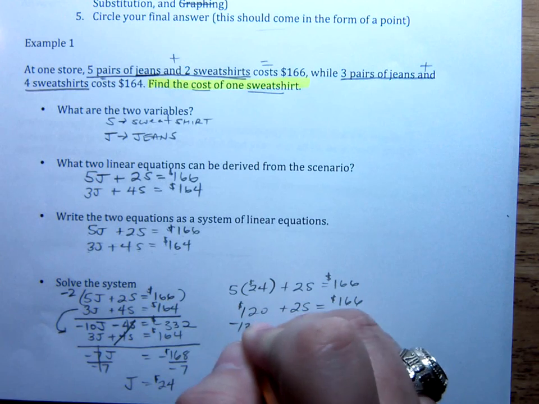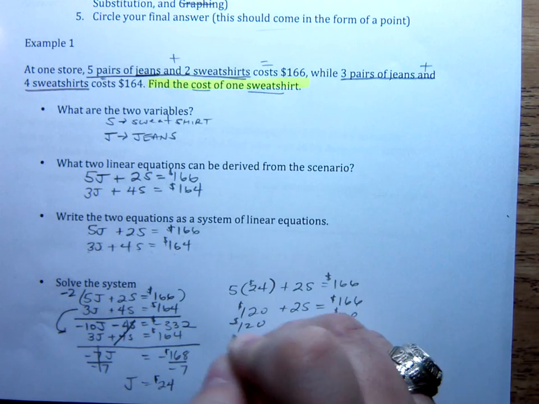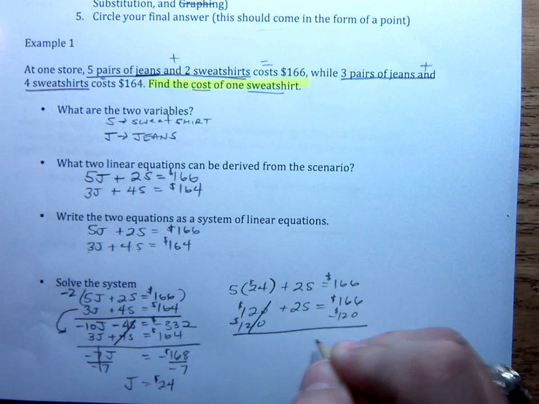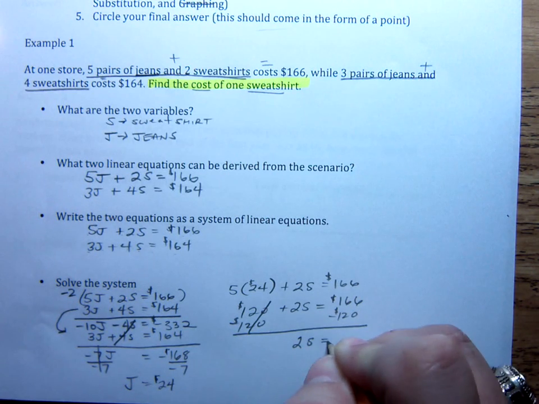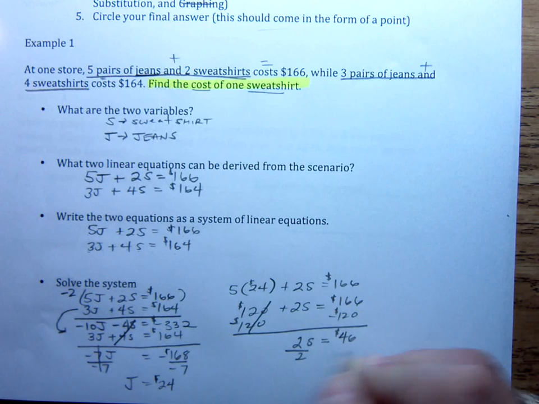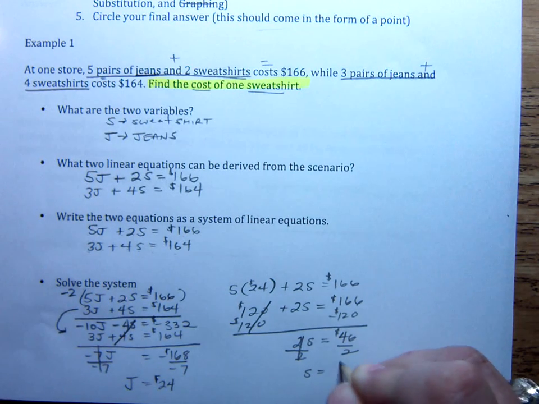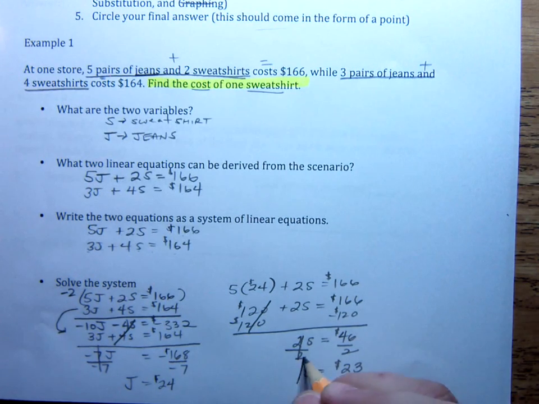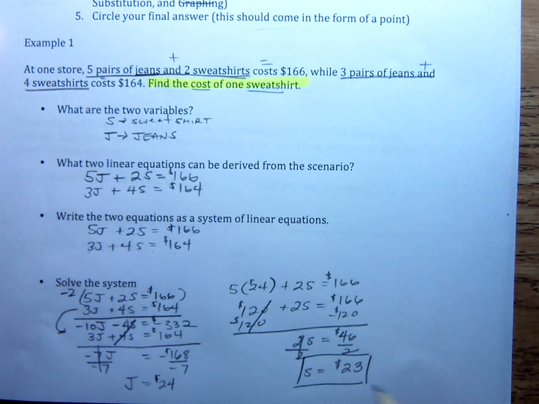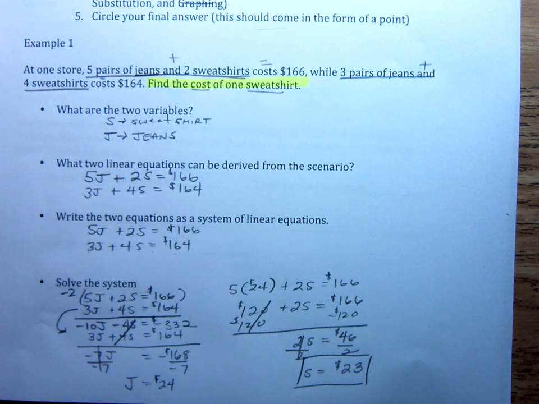Subtract $120 from both sides. This is going to eliminate, leaving me with 2S equals $46. Divide both sides by 2. That's going to let me know that S equals $23. So each sweatshirt is $23. So that is the answer to our original question: find the cost of one sweatshirt.